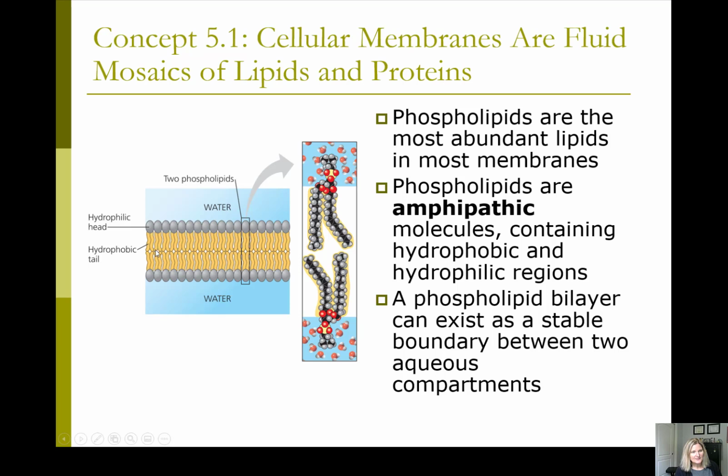So because of this structure, okay, we have a hydrophilic head and a hydrophobic tail. So that means that we have this interesting bilayer form where 2 layers of phospholipids are arranged so that the hydrophobic ends are facing inward and the hydrophilic heads are facing outward.